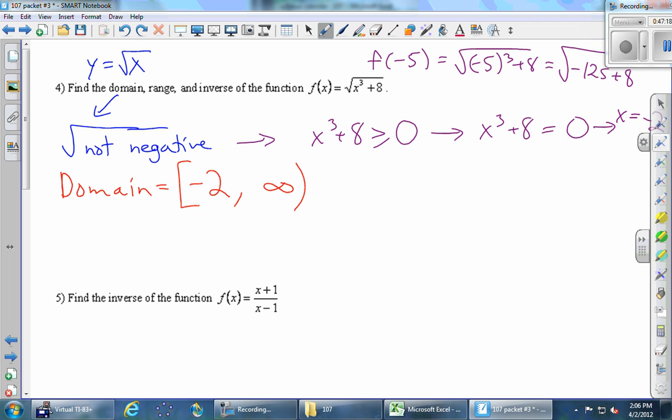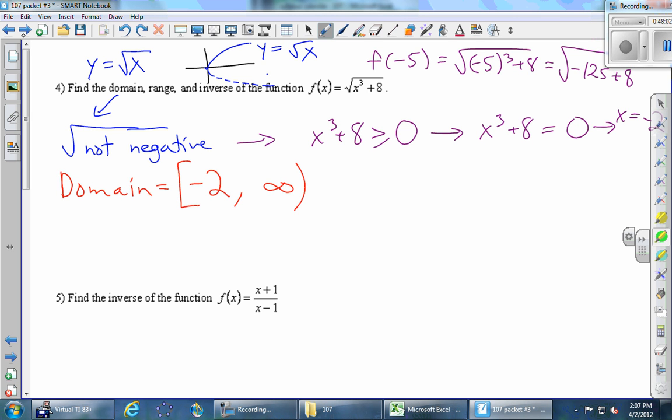Could you make a real quick, very rough sketch without your calculator of y equals the square root of x? If you were to continue it, you'd get the same parabola that we were familiar with. Y equals x squared is the up parabola. This is the sideways parabola, but you only get the top part. Okay, so that's y equals the square root of x.